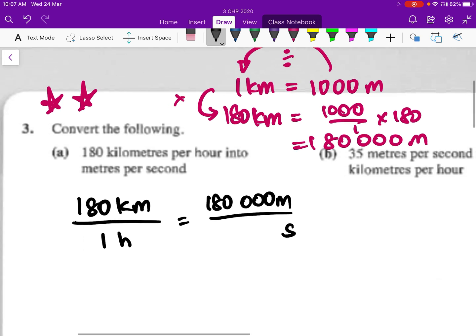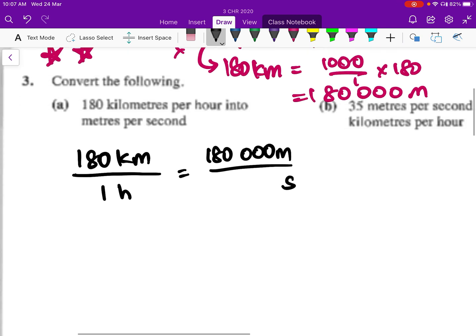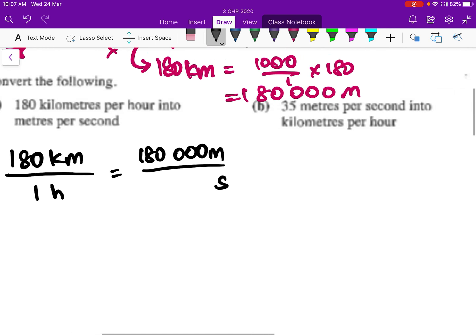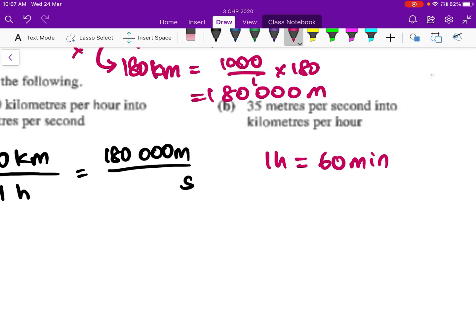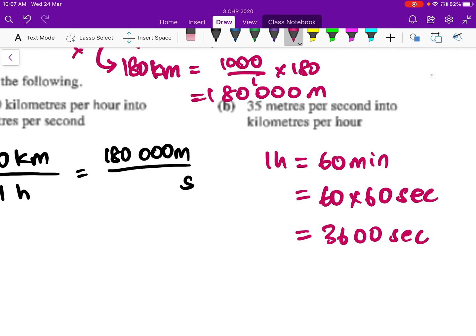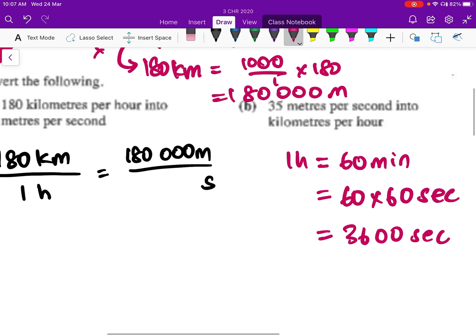And now, hours to seconds. Times 60 times 60. So 1 hour equals 60 minutes, which equals 60 times 60 seconds, 3600 seconds. 1 hour is the same as 3600 seconds.